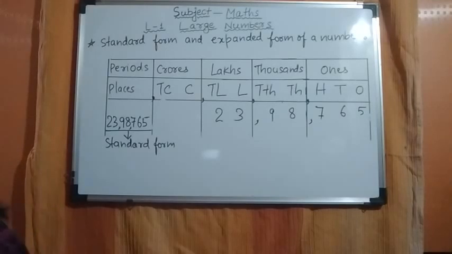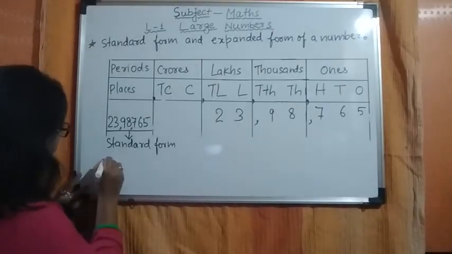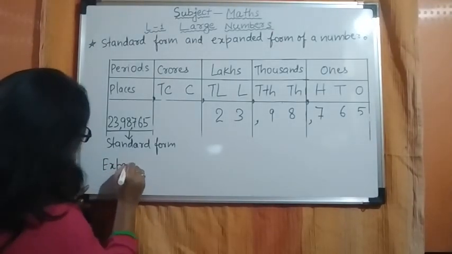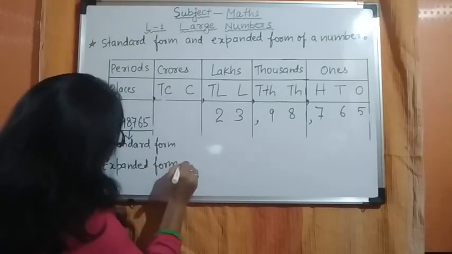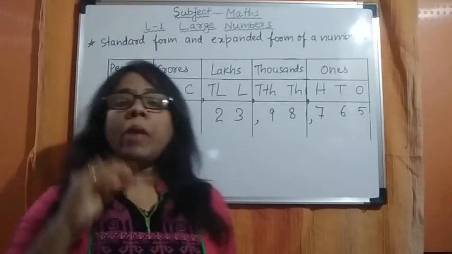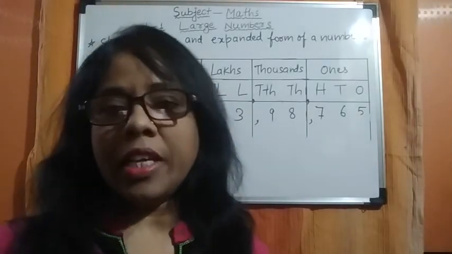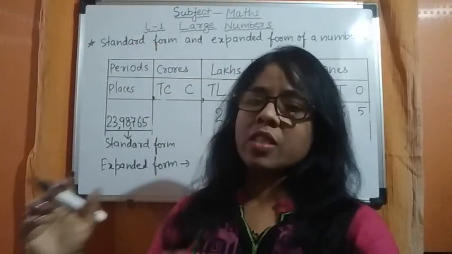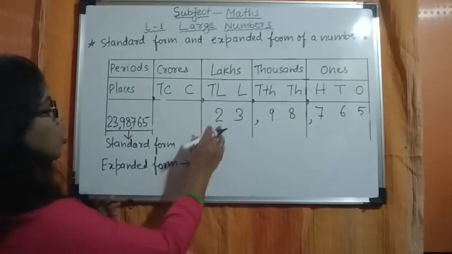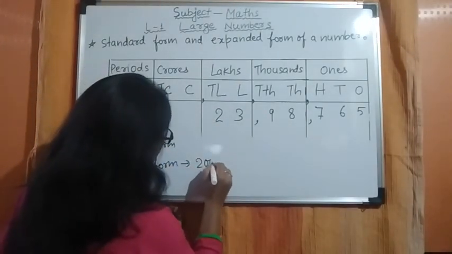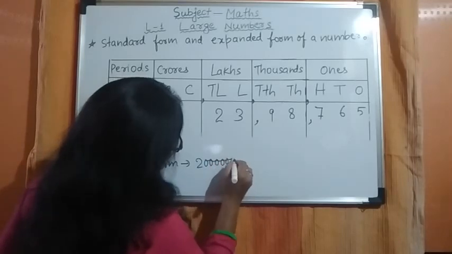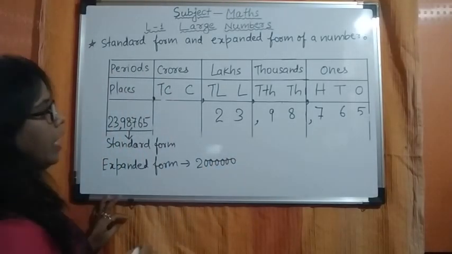Fine. So what you have to do in expanded form is write the place value of all the digits. Digit 2 has place value 20 lakh, so we will write 20 lakh.